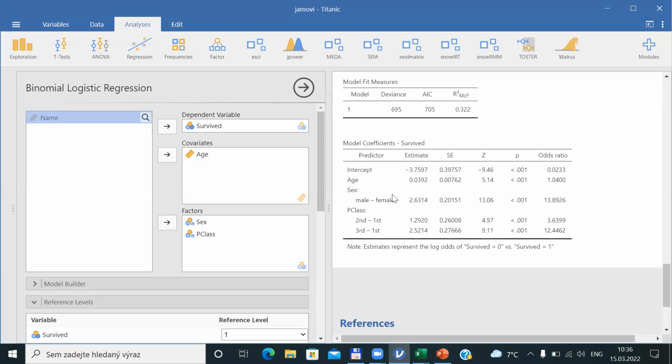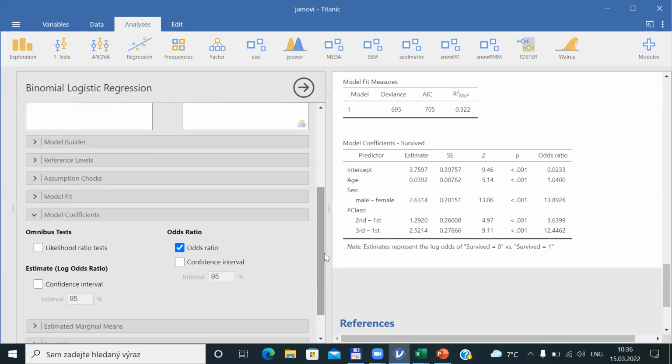So that will be the result. The same for sex, the same for P class, the second one and the third one. We know that a classical alternative to statistical testing is the evaluation of confidence intervals of coefficients. So if I go back into these settings, you can see that in model coefficients, you can ask for confidence intervals for logits.